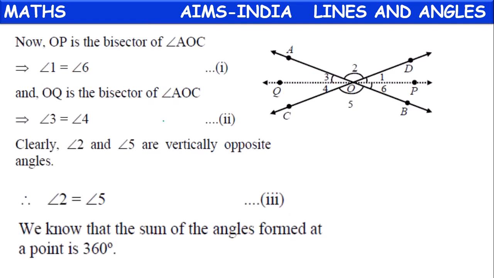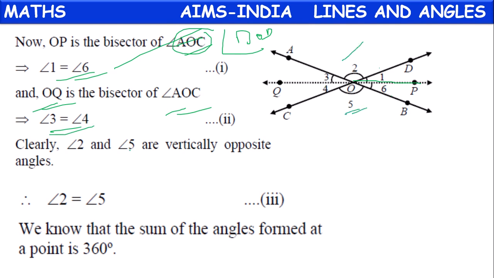So for that, children, OP is the bisector of angle BOD. So angle 1 equals angle 6. OQ is the bisector of AOC. So angle 3 equals angle 4.